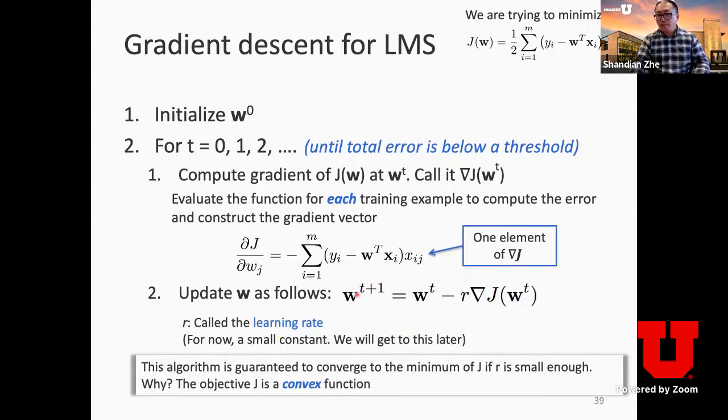Someone asked how we can guarantee this algorithm can give you some minimum. Here are some theoretical guarantees, although we're not going to cover the details because these are fundamental theorems in optimization.